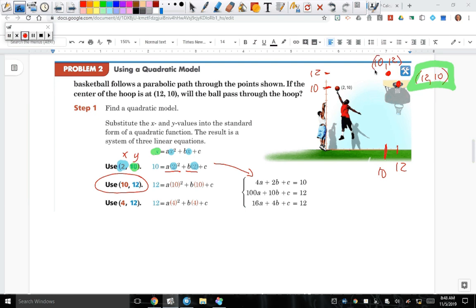It could possibly be the vertex. Here's the thing with a parabola. It's very symmetrical. You with me? So if I were to draw, let's do one more point. 4, 12. 1, 2, 3, 4, and then 12.